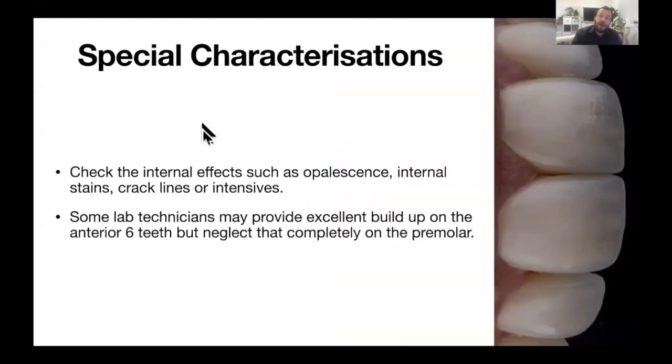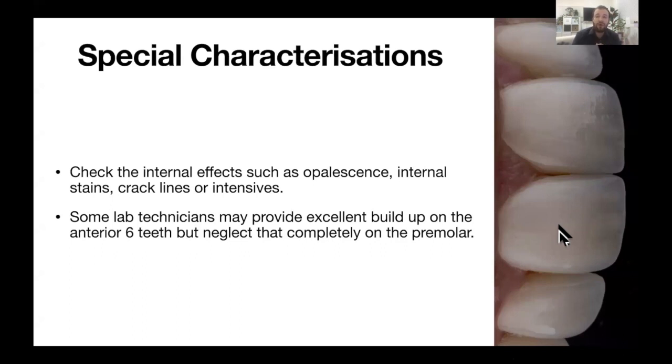Number 4, special characteristics. You want to check your teeth for any special characteristics like the opalescence in the incisal edge, those mamelon effects, any halo effect on the centrals or the laterals. And I want to make sure, always, that my lab technician didn't give me just a nice characterization and opalescent effect on the 4 anterior teeth or even the 6 anterior teeth, while neglecting the premolars, because neglecting the premolars gives you a discrepancy that is not very aesthetic.